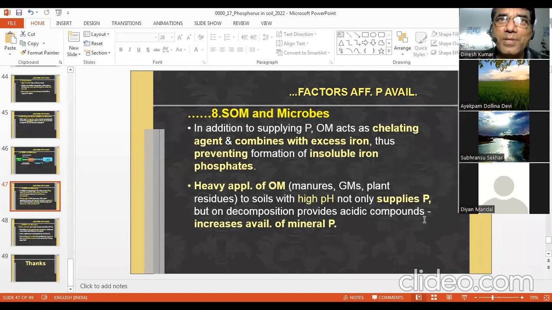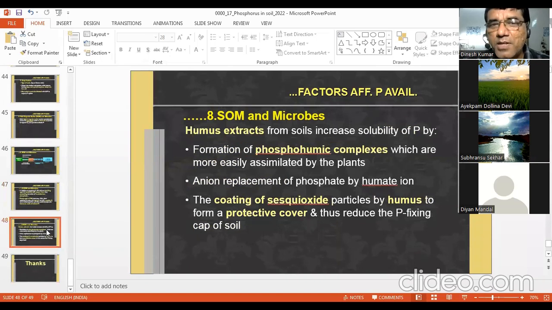So for both pH, organic matter is really good. Overall, it increases phosphorus availability and decreases fixation.